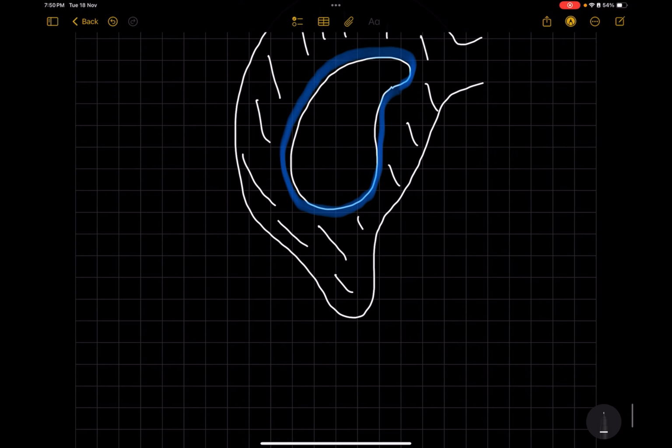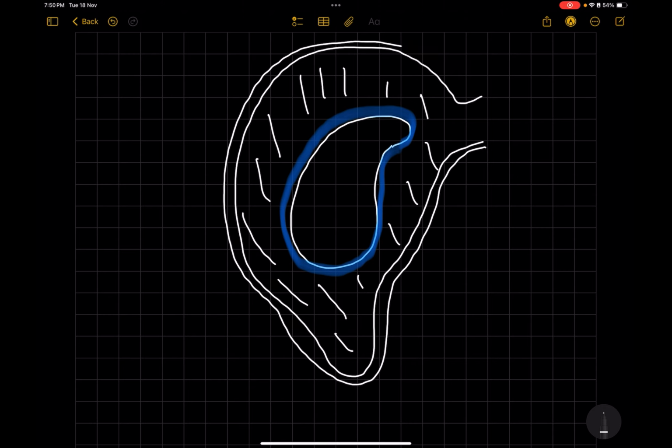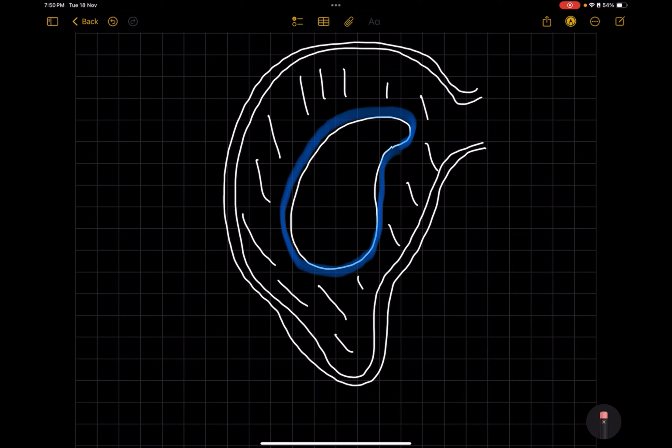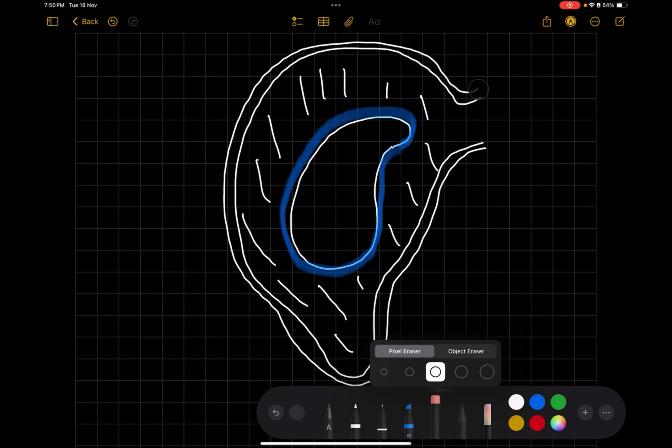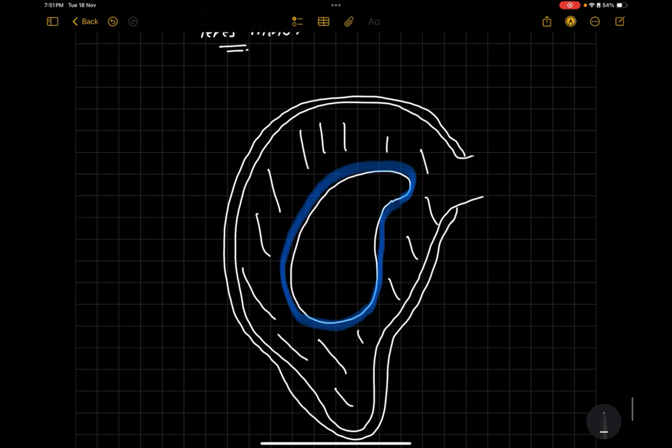This particular portion is your joint capsule. I'll label it at the last.